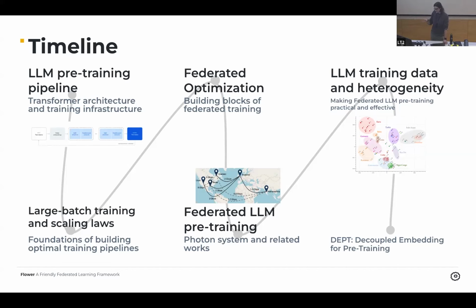In the last part of this discussion, we will put our attention on data heterogeneity, how training data impacts LLM pre-training convergence and pipeline, and what federated learning technologies can do in these situations or to incorporate more coherent information from heterogeneous data sources.